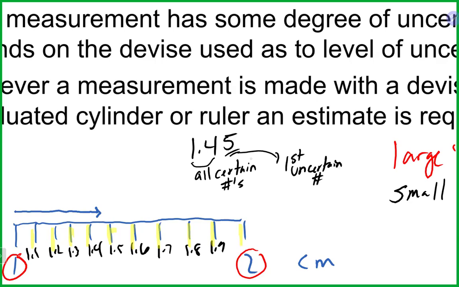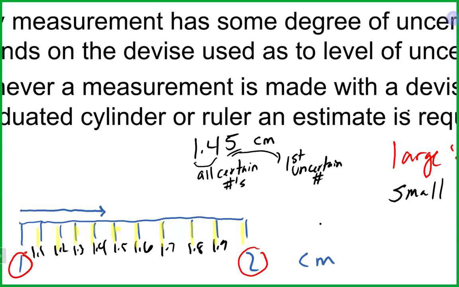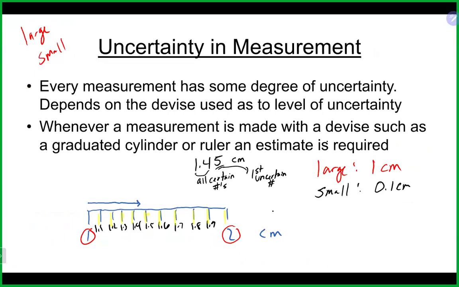Whenever you take a measurement, in addition to recording those things, you should also record the units, which is centimeters in this case. I would record 1.45 centimeters as the proper measurement here. When you take a measurement and record all the certain numbers plus that first uncertain number, that is pretty much what significant figures are.